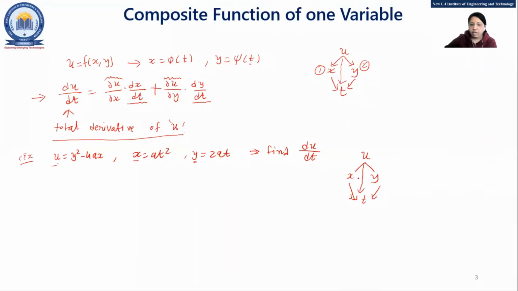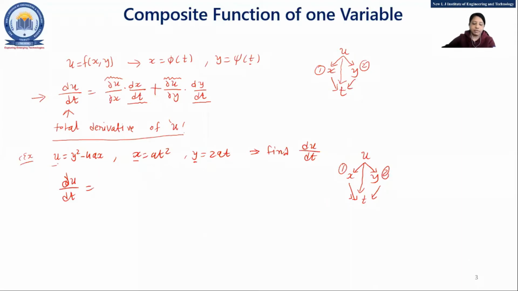Now what you want to do is find out du by dt, sorry, not del, du by dt. If you want to find out du by dt, there are two ways, and you have to consider both. The first one is via x and the second one is via y. So how can you write it?